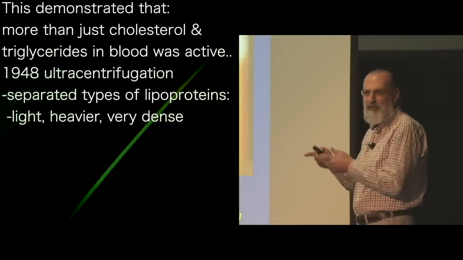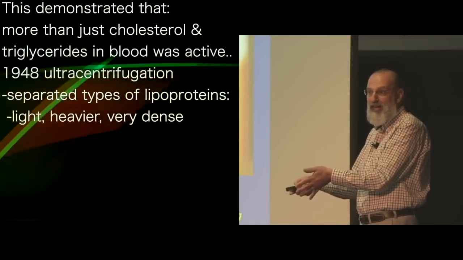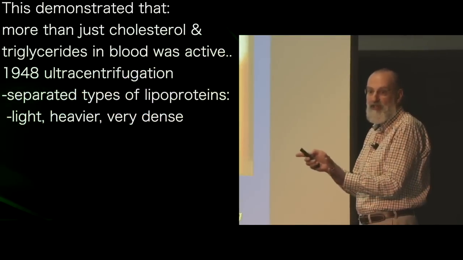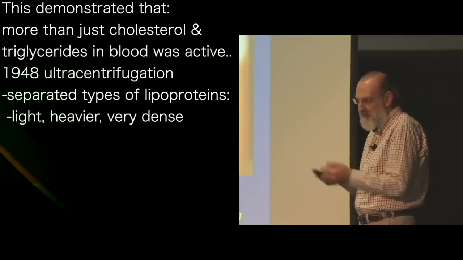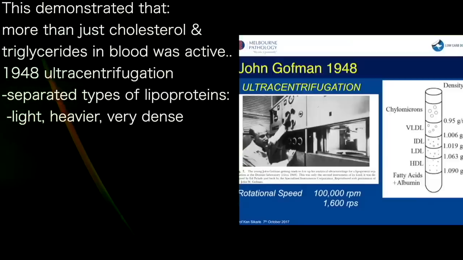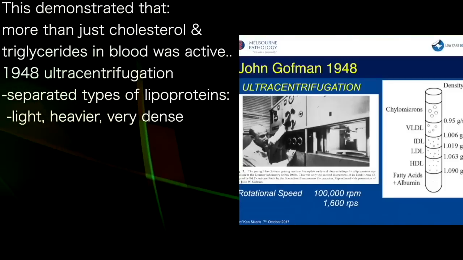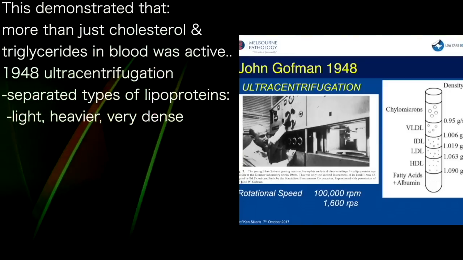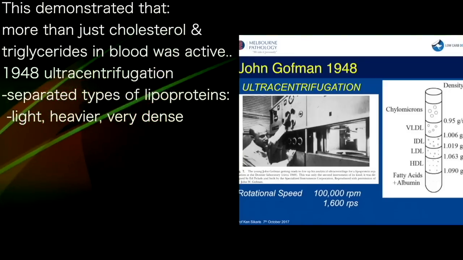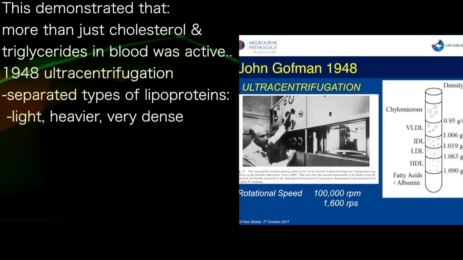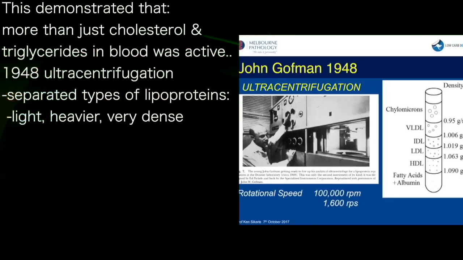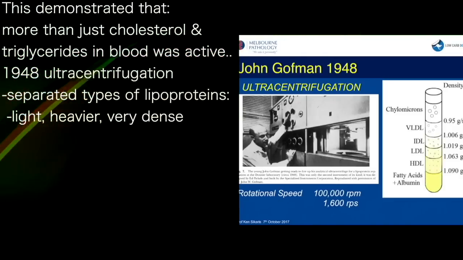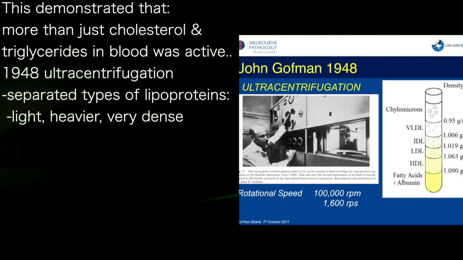But this sort of pointed to something going on within the blood, more than just cholesterol and triglyceride. There was something different about people's cholesterols and triglyceride. And this guy, John Gofman, the Americans invented the ultracentrifuge to separate uranium isotopes and create atomic bombs, but others tried to use it for even better uses like medicine, and they used it to separate the particles that contain the triglyceride and the cholesterol.